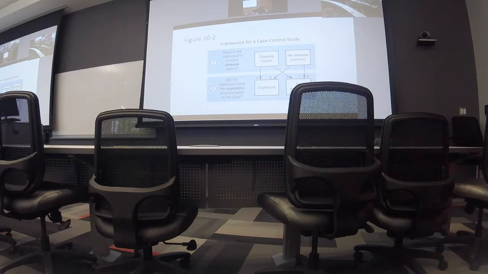So let me go back over this again. Cases would be individuals who develop lung cancer. Controls would be individuals who did not develop lung cancer. In terms of their exposure in the past, individuals who got lung cancer could have smoked, so they did have the exposure, or they could be individuals who got lung cancer and did not smoke, and so that's why this arrow C goes over here.